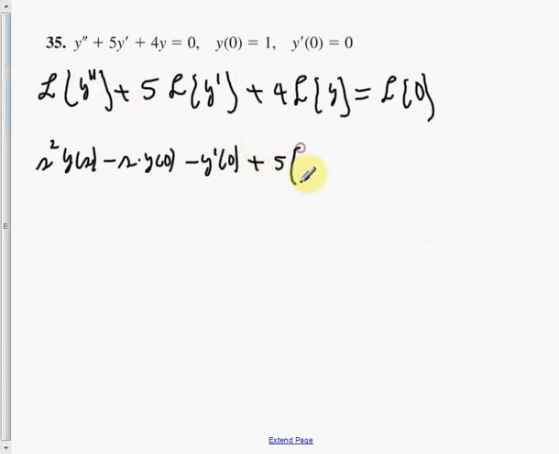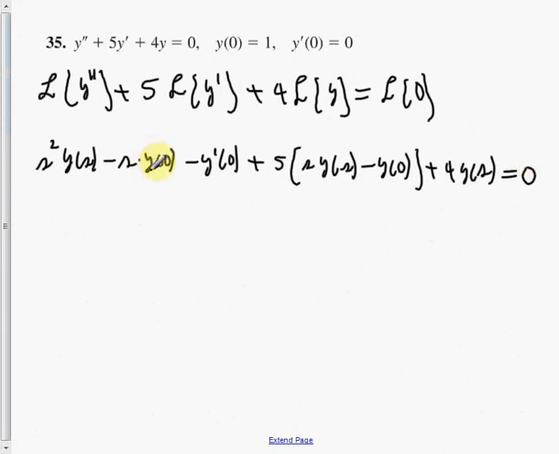Plus 5 brackets. This here is the transform of a derivative. This is s times Y of s minus, s goes out, all I have here is just y of 0. Close that up. Plus 4 times here Y of s. That's just the Laplace transform notation, and that is equal to 0.